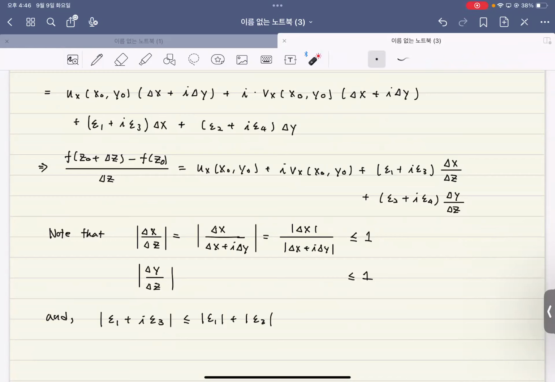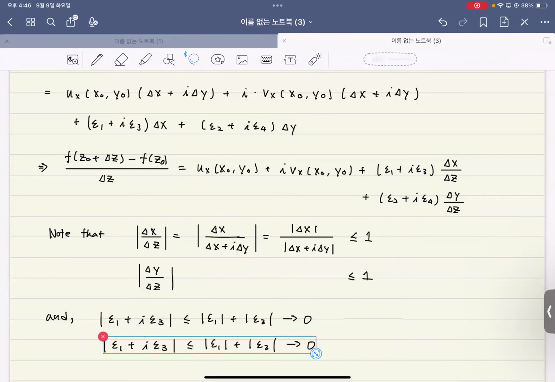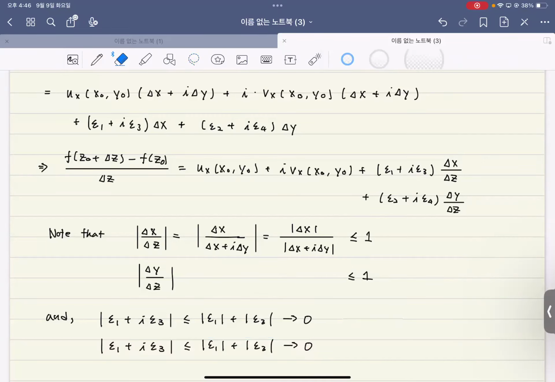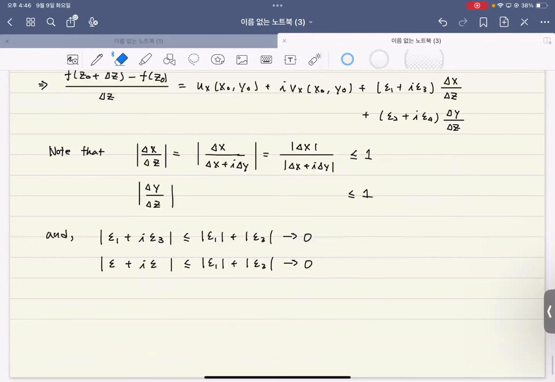As delta z tends to 0, both of these tend to 0, and epsilon 2 and epsilon 4 also tend to 0.